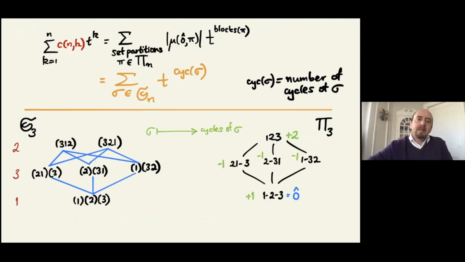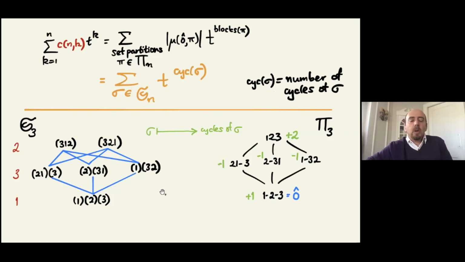And maybe the more familiar way to define them for most people, and the first way that you would think of it, is that the signless Stirling number c(n,k) is just the number of permutations in the symmetric group S_n having k cycles. So this generating function, the sum of c(n,k) t^k, is just the generating function for permutations according to the number of cycles. cyc(sigma) is the number of cycles of sigma.